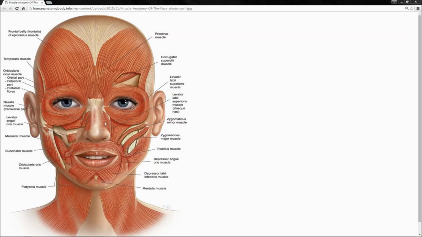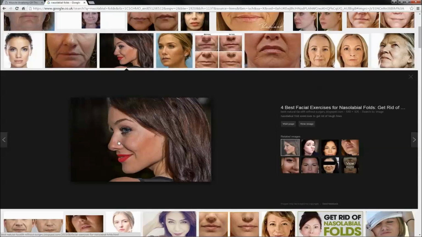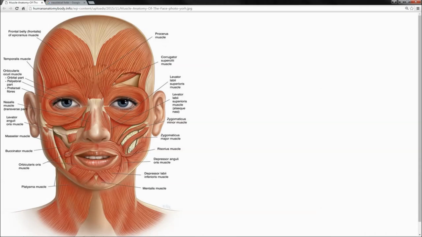A good example is along here, from the nose to the side of the mouth. We should all be quite familiar with this bulge, this curve, this crease that runs off the nose and comes across the side of the mouth, the nasolabial fold. But if we look at the way that the musculature of the face is structured, we don't see such a direct link to it.